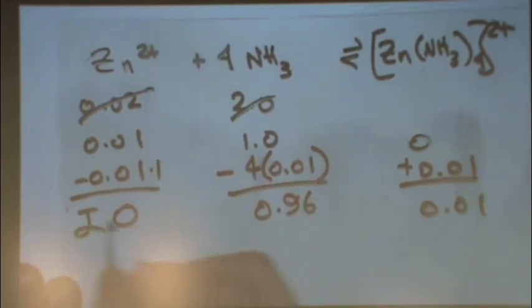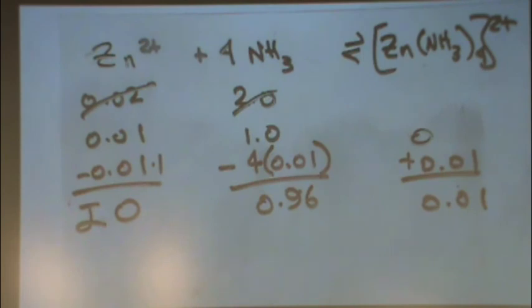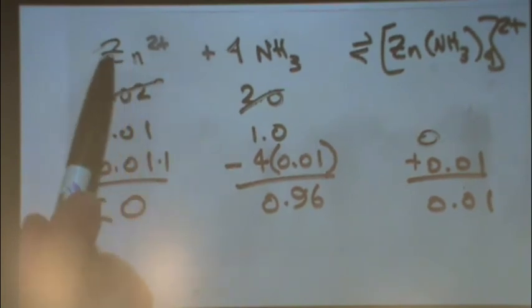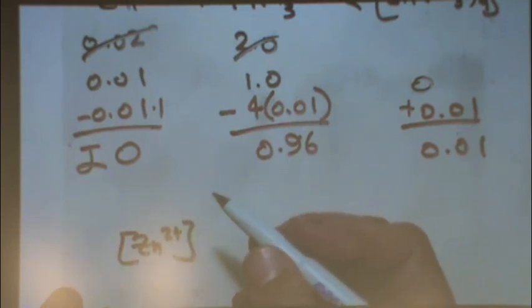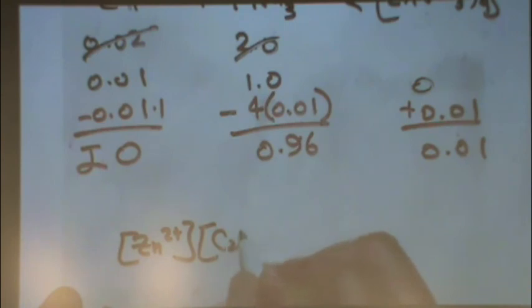This is the I line, Alex. Okay, you're going to go through and do stuff like that. You need the concentration of the zinc at equilibrium. Why do you need that, you wonder, Alex? I know you're wondering that.